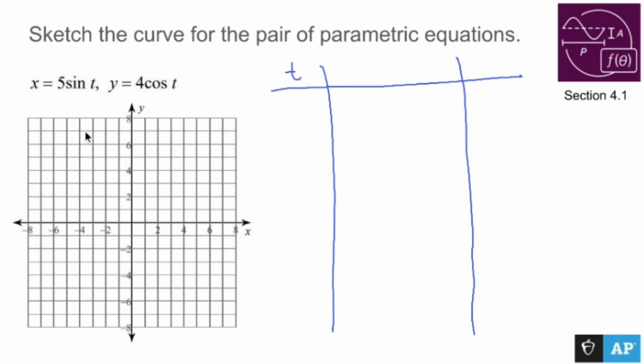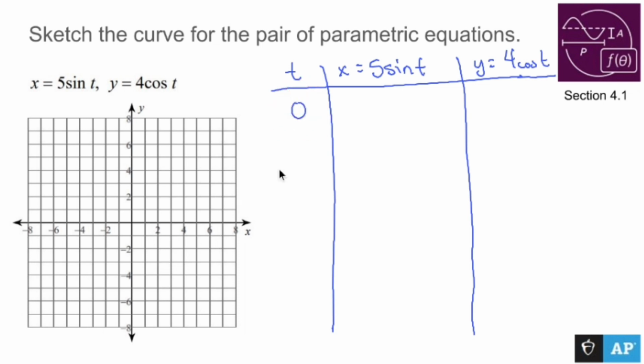And when we pick our t values, x is going to equal 5 sine t, and then y is going to equal 4 cos t. What we do by doing this is whatever t value we choose, we get an x, we get a y, and that gives us some coordinates that we can draw out. So what I'm going to do is I'm going to pick basically every quarter of a pi from 0 to 2 pi.